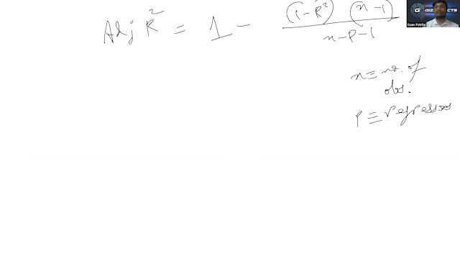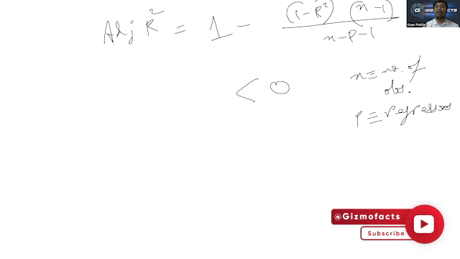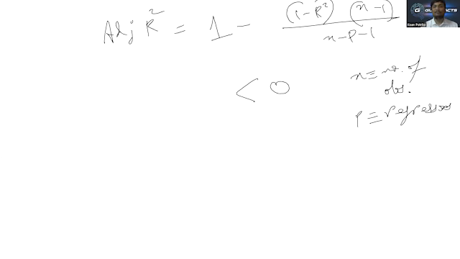Now for this to be less than 0, what are the conditions? So in short, we are working backwards. We are writing the adjusted R square formula and finding what is needed for it to be less than 0.